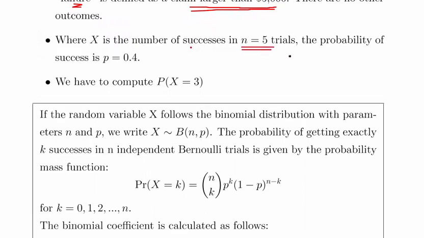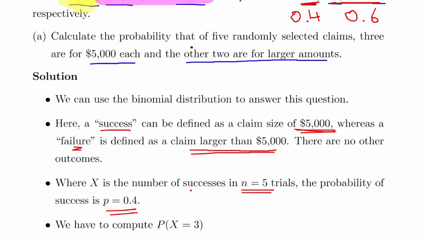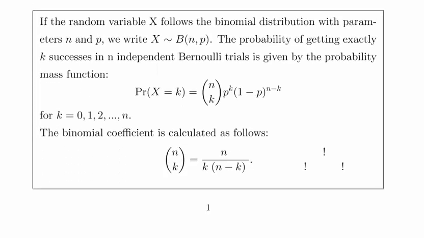That's what we're told. The probability of a success here is 0.4. The question is to calculate the probability of 5 claims, so n equals 5. 3 are for 5,000, that's 3 successes, and the other 2 are failures. From the point of view of a binomial, we don't really need that; it's redundant at this stage.